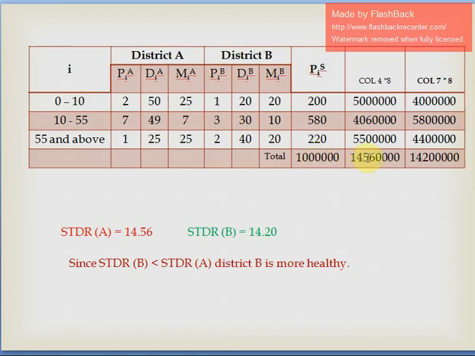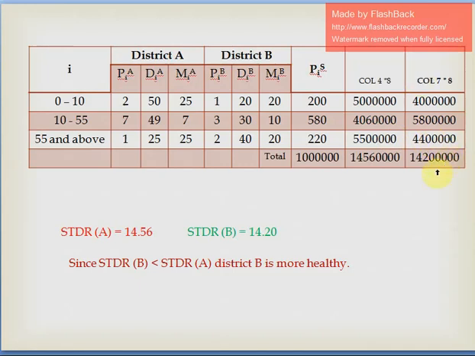That means 14,560,000 divided by this value comes to be 14.56. For STDRB, we need to calculate MIB multiplied by PIS. So 20 multiplied by 200,000 is this value, 10 multiplied by 580,000 is this value, and 20 multiplied by 220,000.